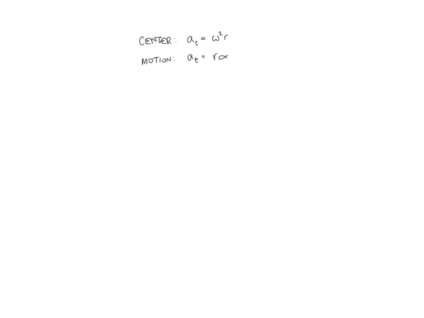So if we look at the carousel, the AT is in the direction of motion. The AC is toward the center, and at any given point in time, those two accelerations form a right angle to each other. So in question C, when the carousel first starts moving, which way is the acceleration pointing?